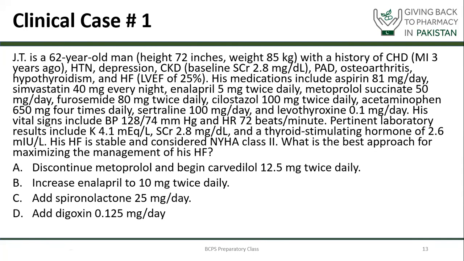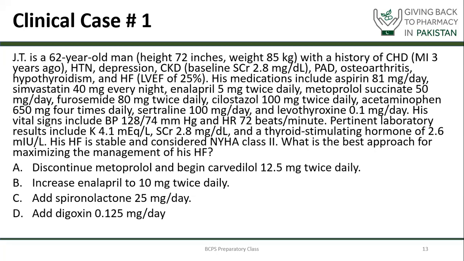His medications include aspirin 81 milligram per day, simvastatin 40 milligram every night, enalapril 5 milligram twice daily, metoprolol succinate 50 milligram per day, furosemide 80 milligram twice daily, cilostazol 100 milligram twice daily, acetaminophen 650 milligram 4 times daily, sertraline 100 milligram per day, and levothyroxine 0.1 milligram per day.